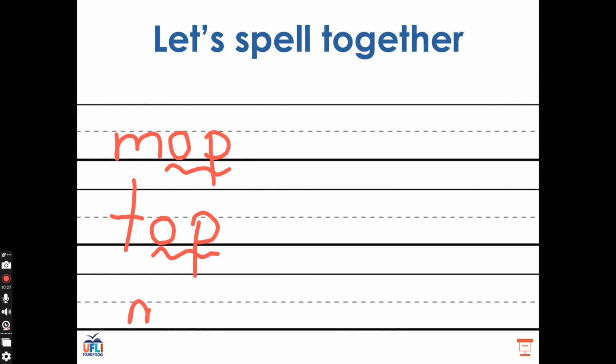Good, M says mmm, so I'll write the letter M. The next sound I hear in mom is ah. What letter says ah? Well done, our new letter O says ah. The last sound I hear in mom is mmm. What letter says mmm? M again, well done. So to write the word mom, I use the letters M-O-M.